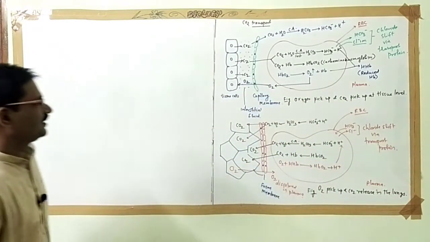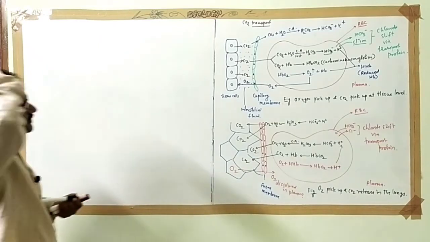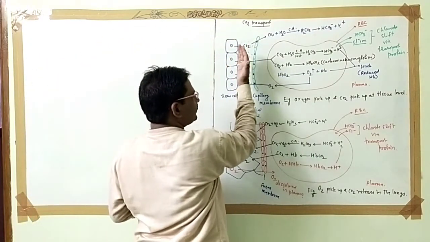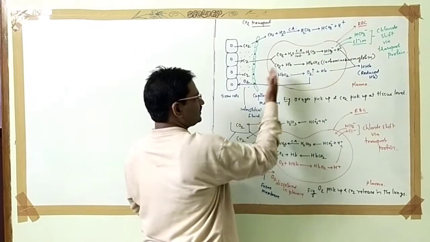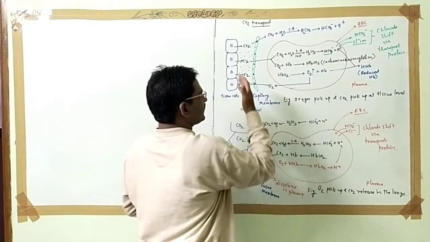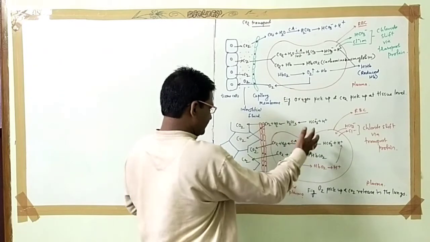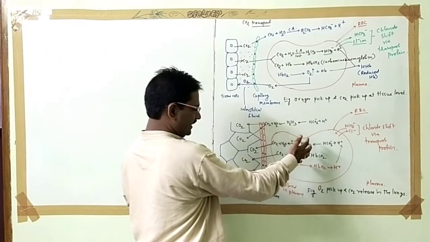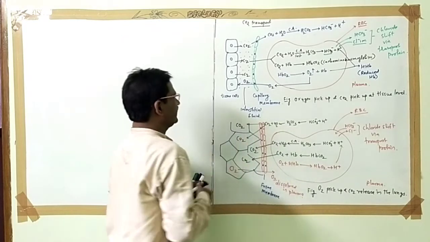Okay. CO2 transport: here CO2 is transported from tissues to blood, that means to RBCs, to the plasma, and then that CO2 is again transported to the lungs.